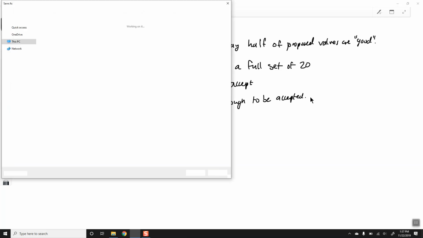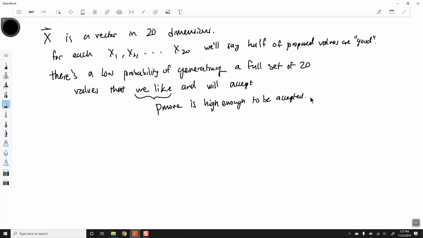So that's the problem of just using the Metropolis algorithm in something that's really high dimensional.